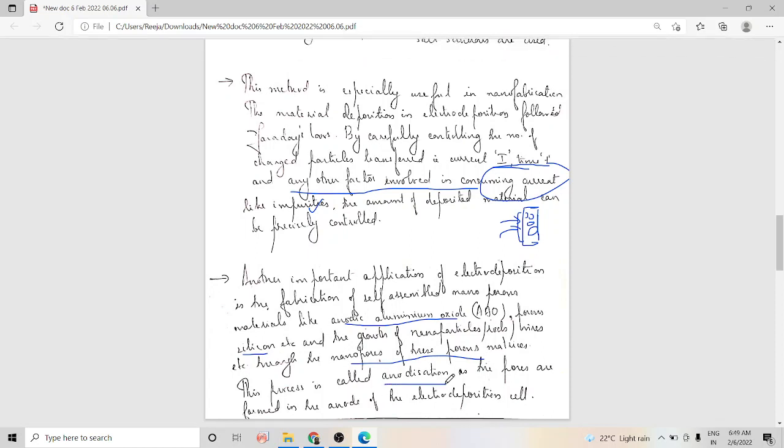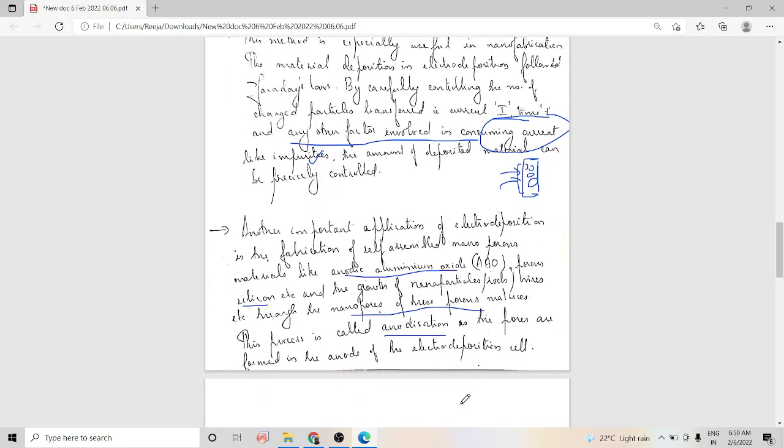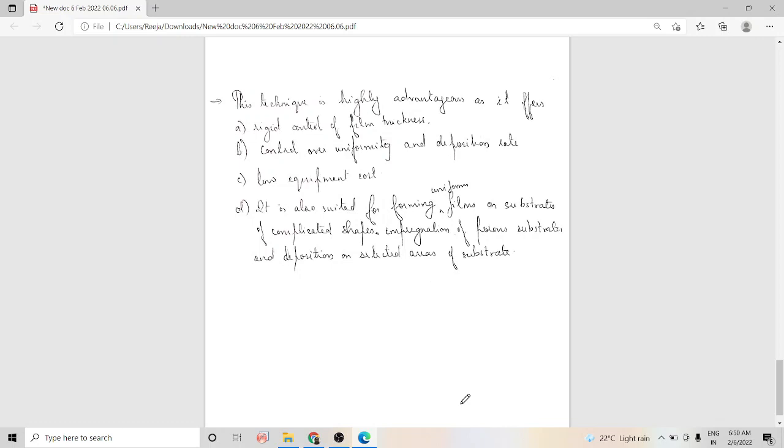This process, that is creation of pores in the anodes by the process of electrodeposition, is called anodization, as the pores are formed in the anode of the electrodeposition cell. And this technique is highly advantageous as it offers a rigid control of the film thickness, and it can be used to control the uniformity and deposition rate.